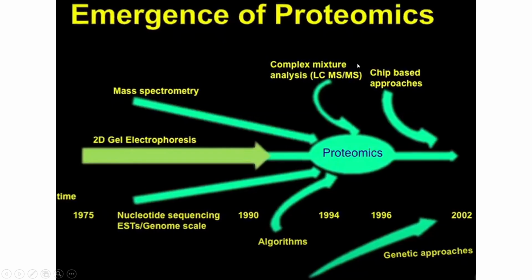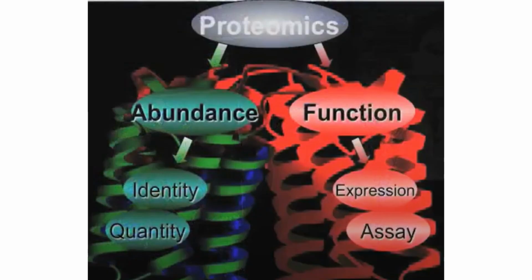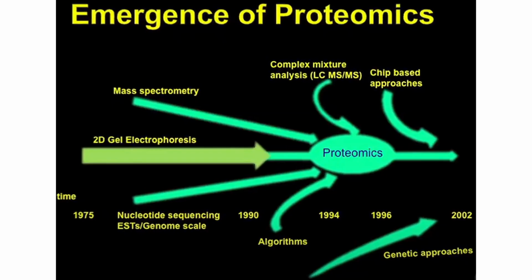Mass spectrometry came into picture in the 1990s, and that's how proteomics gained its emergence, because MS is the one which is speeding up the proteomics process, because that's how we are able to identify what protein we are separating or what we found in a much more accurate way.